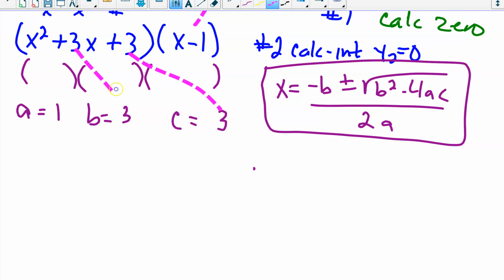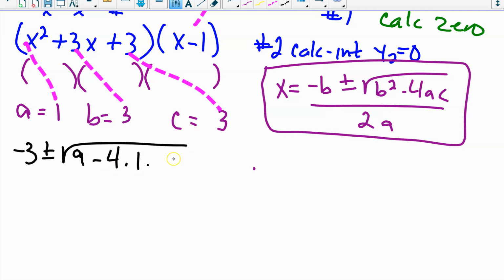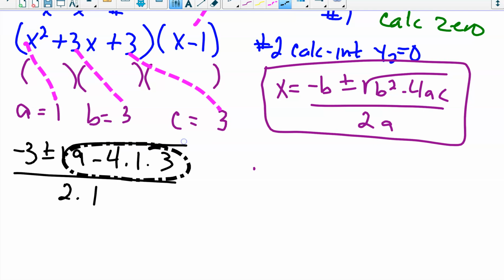That's my C, my B, and my A. All right, so we have negative B plus or minus the square root of B squared minus 4AC all over 2A. So the work on here, one thing I'm really looking for when you're showing your work is what is this number right here? I'll be checking that on your work. And that ends up to be 9 minus 12, which is negative 3.